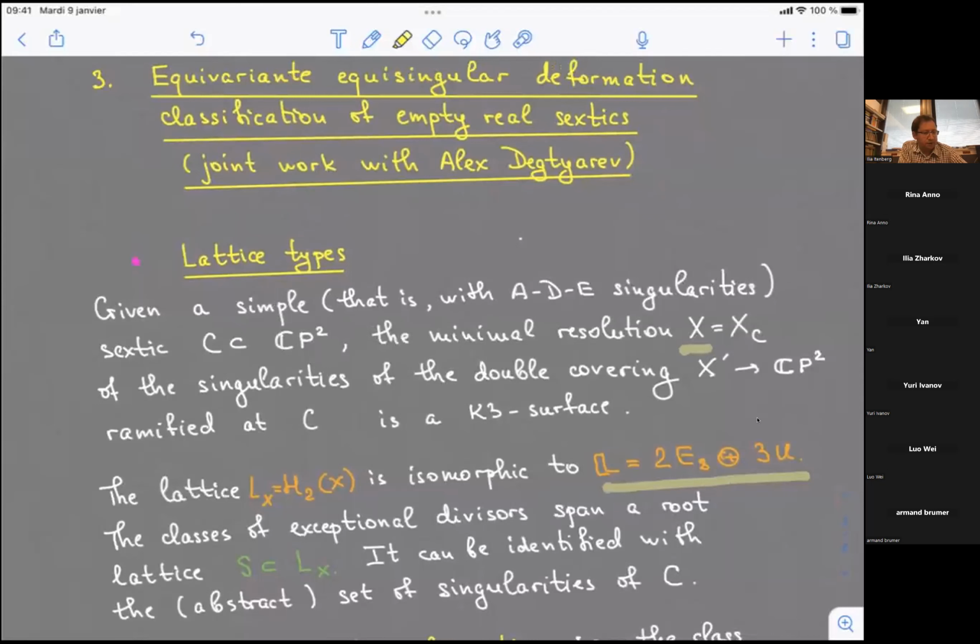E8 for me is the negative definite unimodular form of rank 8, and U is the unimodular non-definite form of rank 2. So in an appropriate basis, the Gram matrix for U is 0, 1, 1, 0.